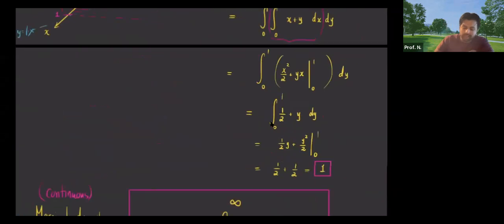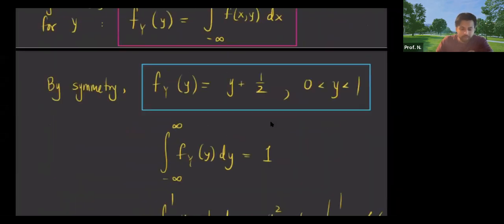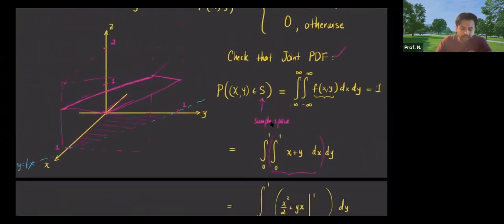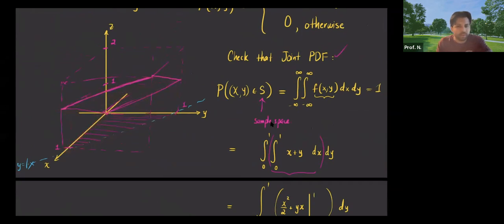So then what is this really finding? This is the volume underneath this plane under this particular domain or region. So it's going to be something like cut off here. And that volume is the volume that I'm looking for.